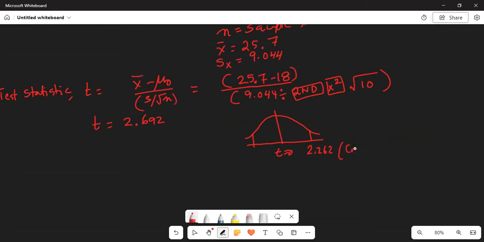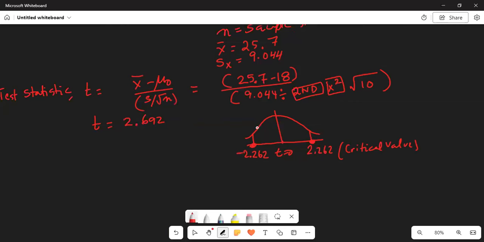This is the critical value of T. Similarly, on this side, the critical value is minus 2.262. And in the center, T is 0.